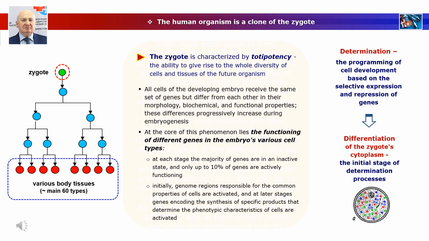At later stages, genes encoding the synthesis of specific products that determine the phenotypic characteristics of cells are activated. The combination of the above described molecular mechanisms is referred to as determination. Determination is the programming of cell development based on the selective expression and repression of genes. The initial stage of determination processes is the differentiation of the zygote cytoplasm.